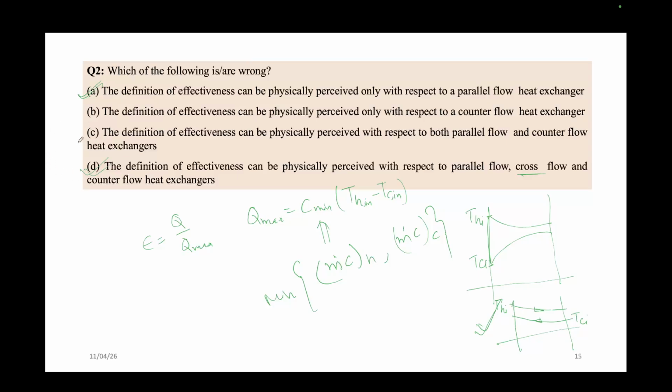So that's why option B is the correct answer. It is because it can be physically perceived. It is talking about the physical meaning. Though it is applicable for both heat exchangers, physically it is important with respect to the counterflow heat exchanger.